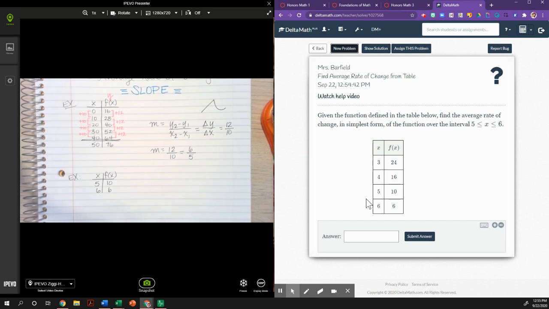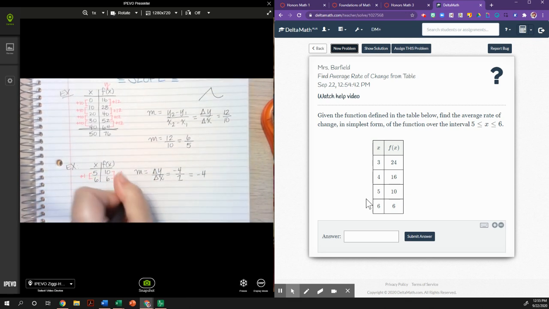Well, I can do this both ways. I can say, to get from 5 to 6, I have to add 1. And to get from 10 to 6, I have to subtract 4. So that means my slope, which is the change in y over the change in x, is -4 over 1. So my final answer is -4.